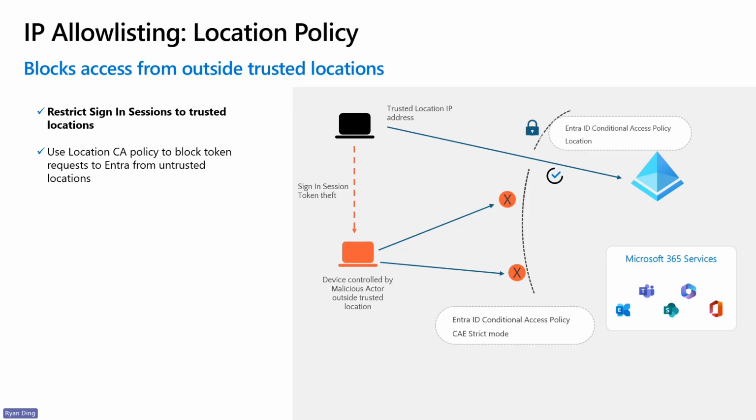So the most basic example would be you would set up an IP range for, let's say, your office locations, where if you're within the office, you would have different controls, and then once you leave the office, you would have to adhere to stricter controls, such as requiring phishing-resistant MFA, or you might just be blocked altogether, right? So that would be a basic location policy, either with physical IP address or a named location, such as a country.